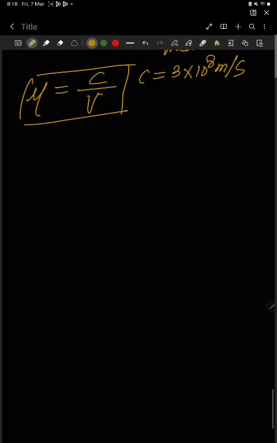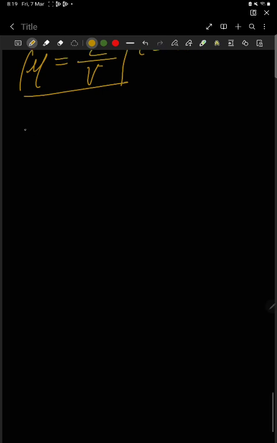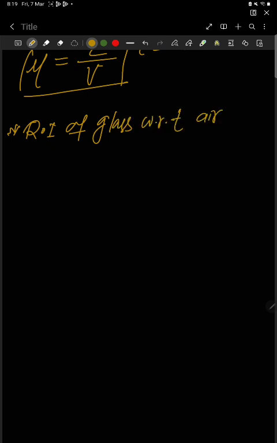Now let's find the refractive index of some transparent media using this formula. Okay, so first let's find the refractive index of glass with respect to air. I have told you that whenever we are writing refractive index, we have to find for what, glass.